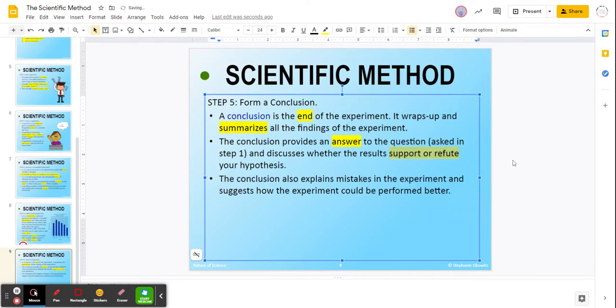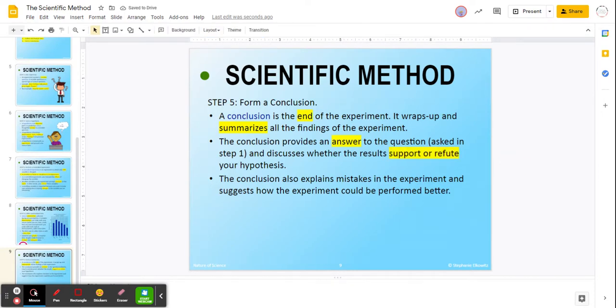So if we're going back to our original example of, sorry, my brain is functioning. Does fertilizer help plants grow bigger flowers, right? We said our hypothesis was fertilizer does help plants grow bigger flowers. At the conclusion, we would answer the question, yes or no, right? So let's say we do the experiment, we run all the data, and the answer is yes.